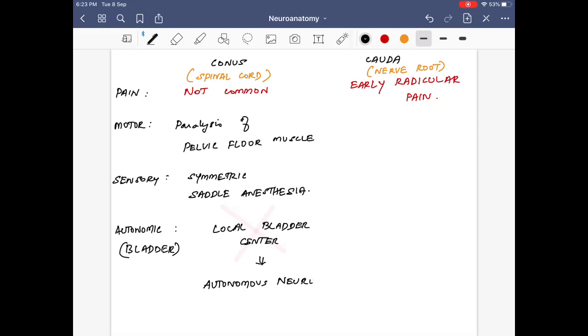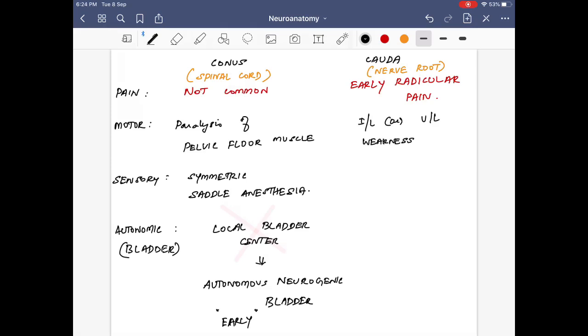Now coming to cauda equina, we discussed the pain. The pain is going to be early radicular pain, and the motor disturbance is going to be ipsilateral or unilateral peripheral type of weakness.